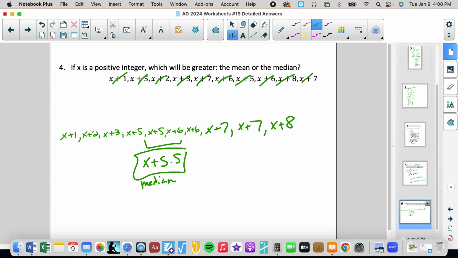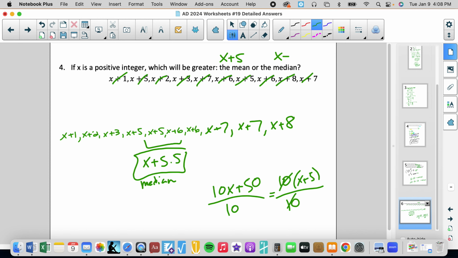And the mean, if we added all those up, we have 3, 6, 11, 16, 22, 28, 35, 42, 50, so 10x plus 50 divided by 10. We can factor out a 10, and you get x plus 5. So your mean is x plus 5, and the median is x plus 5.5. So the median is going to be the greater.